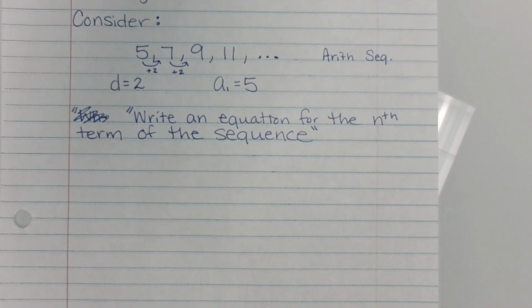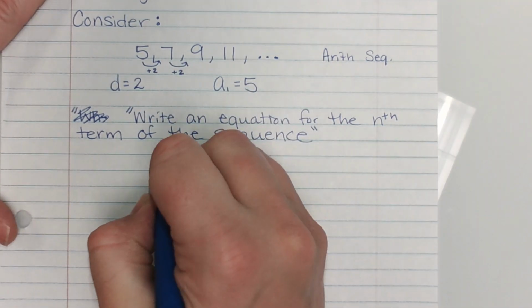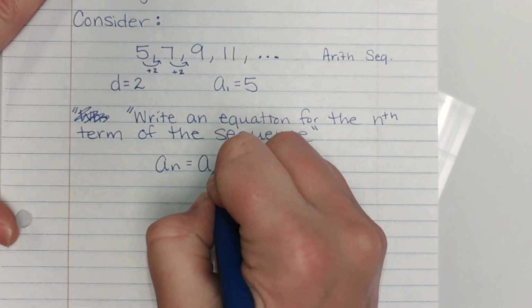And when I ask you to write an equation for the nth term of a sequence, we determine if it's arithmetic or geometric to tell us what formula to use. And since it is arithmetic, we use this formula.